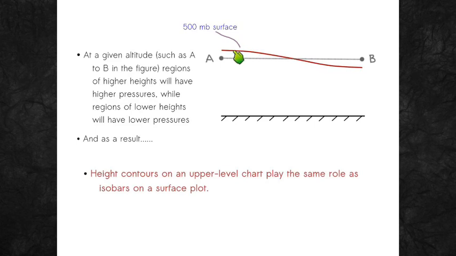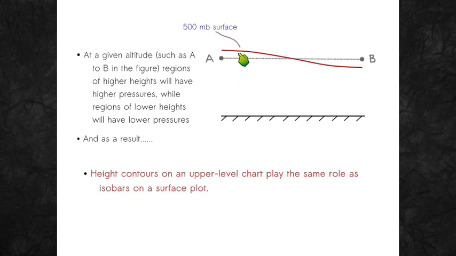Because remember that the red line was a pressure surface, the 500 millibar pressure surface, which means by definition, everywhere along the red line, pressure is 500 millibars. That's how we define that surface. We also know that if we pick any point and we go upwards, pressure is going to drop. And if we pick a point and we go downwards, pressure is going to get bigger.